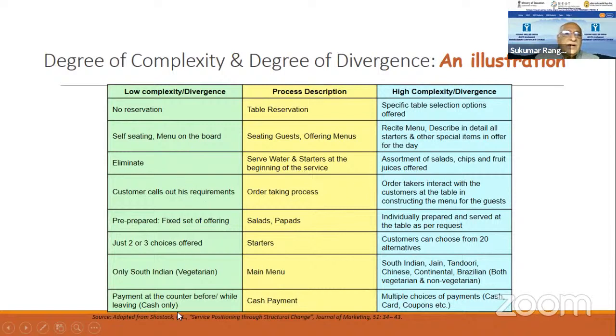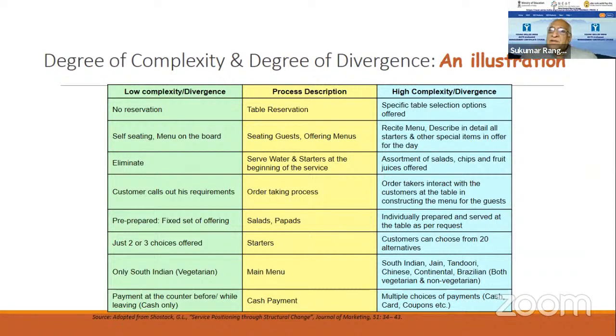Okay, so these are all the choices of orders. Fewer choices; as I said, only South Indian vegetarian. Usually in these places they will say very specifically that this is available up to 10 o'clock, and after that you will get something else. I don't know whether you have heard of a place called MTR, Mavalli Tiffin Room, which is very famous.